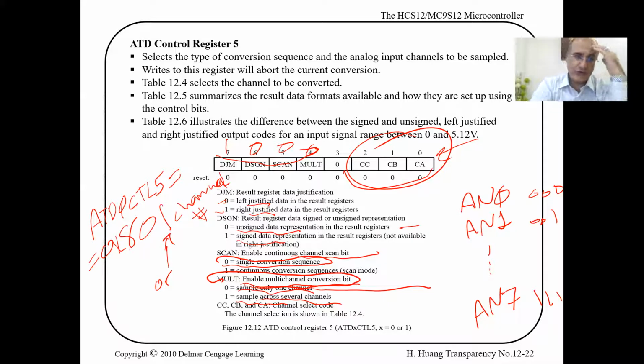So if you say 80 OR 1, it will be 81. 80 OR 7, it will be 87. Or 0, 80. Right? So this is the value of our control register.